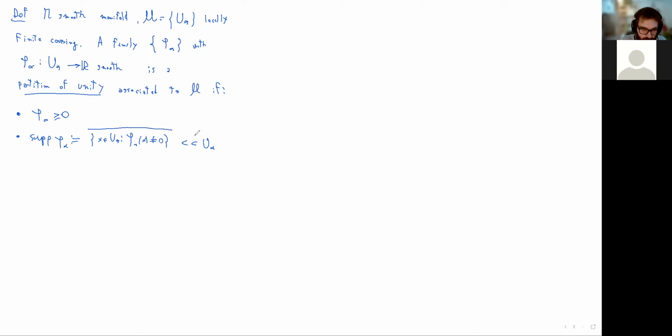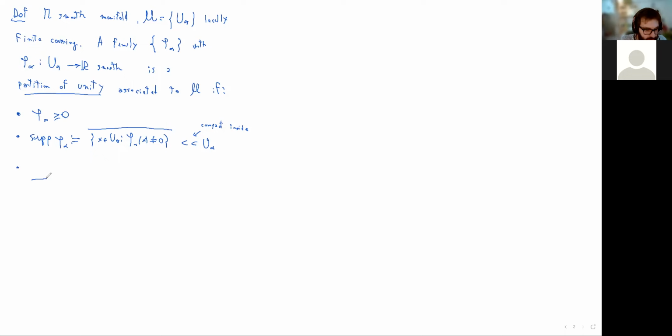So this double contained means compact inside. So the support doesn't touch the boundary of this U alpha.